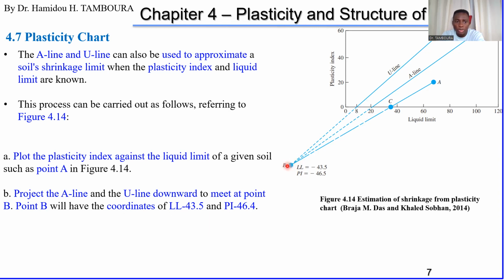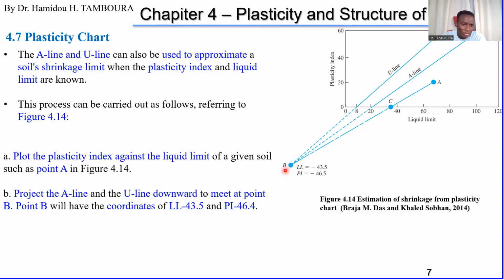This point is called B. This point will have coordinates of liquid limit 43.5 and plasticity index 46.4. So the horizontal axis will be this, and the vertical axis will be this. This is the coordinate of point B.